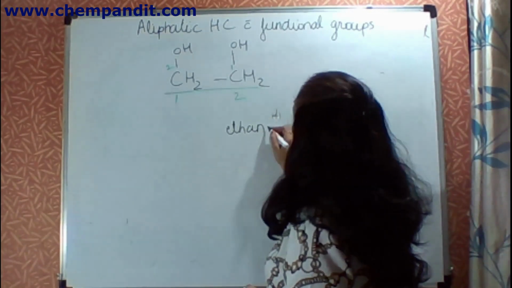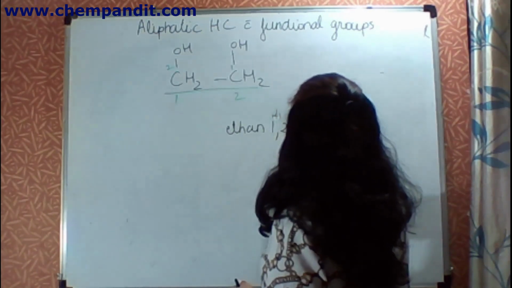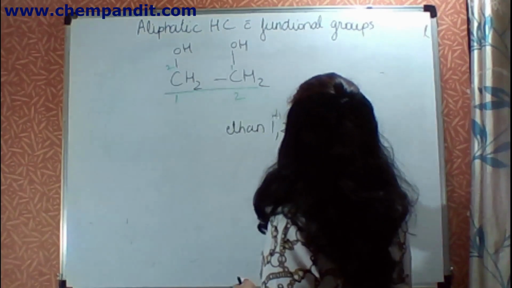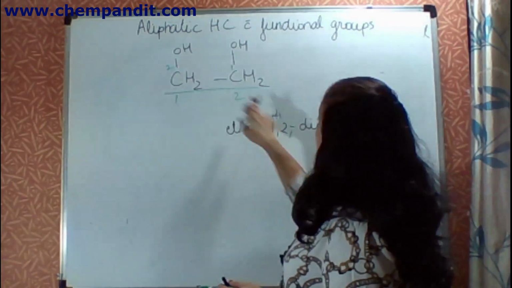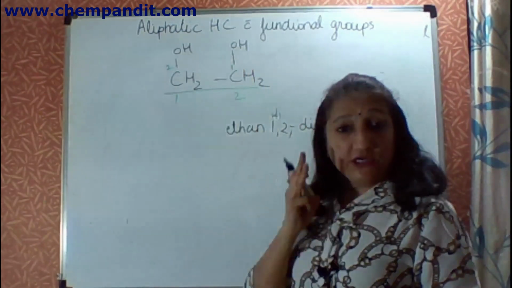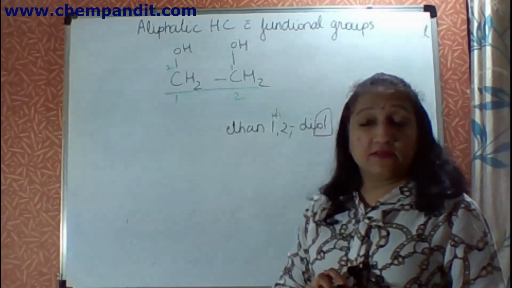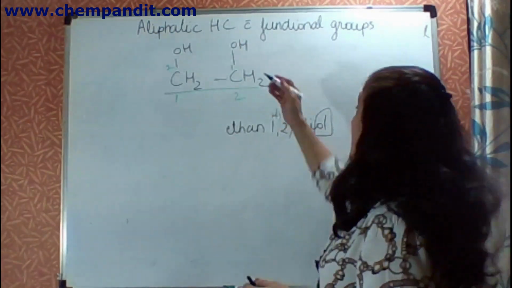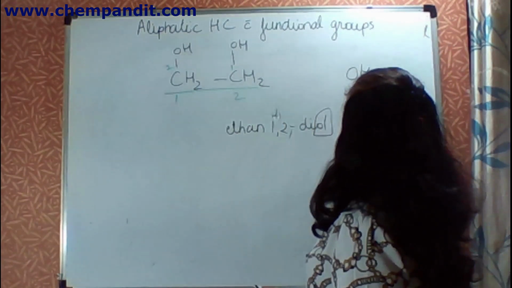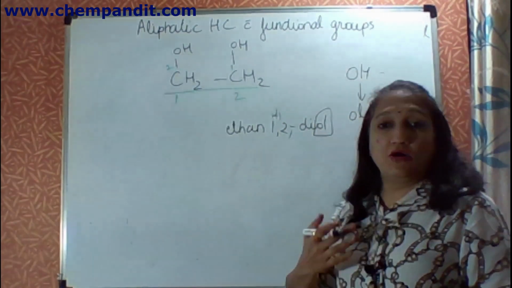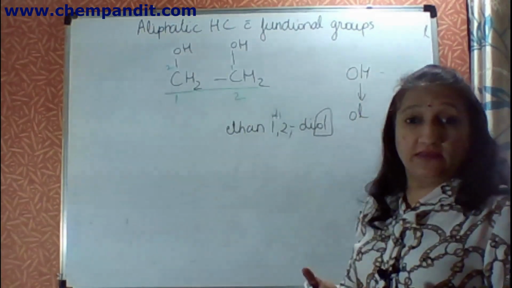I am not writing the E. It is ethane-1,2-diol. Ethane-1,2-diol. So 1 and 2 both have a hydroxyl group. There are two groups. Therefore diol. Ol is the suffix for the hydroxyl group, the alcoholic group OH. For the OH alcoholic group, the suffix used is ol. The ol of alcohol is taken as the suffix. So it is so easy.